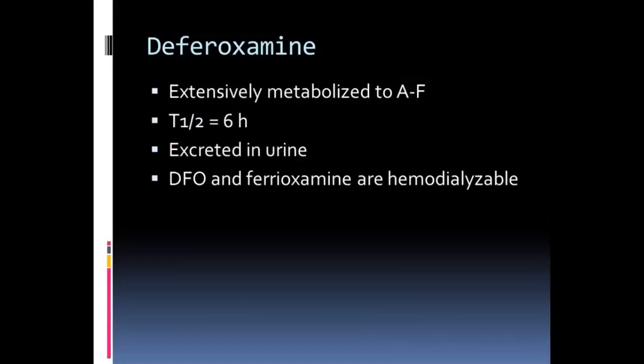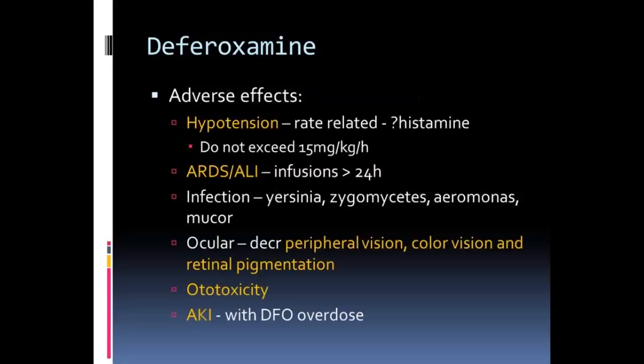Deferoxamine is extensively metabolized and is mostly excreted in the urine. So adverse effects, probably the most common is hypotension. This is likely histamine related, definitely rate related. And so recommendations in the past have been to not exceed 15 milligrams per kilo per hour.